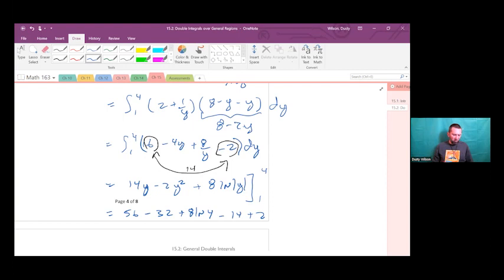So let's just check these constants. So I have 56 minus 32 minus 14 plus 2 is 12. So altogether, I've got 12 plus 8 ln 4.